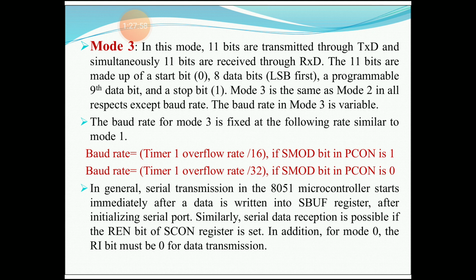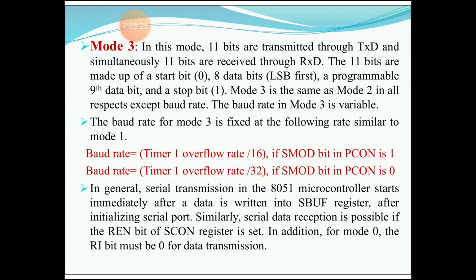Now let us see mode 3 operation. In this mode, 11 bits are transmitted through the TXD line and simultaneously 11 bits are received through the RxD line. The 11 bits are made up of a start bit followed by 8 data bits, a programmable 9th data bit and 1 stop bit. Mode 3 operation is the same as mode 2 except for the baud rate.